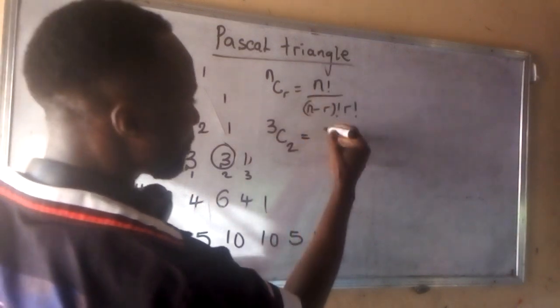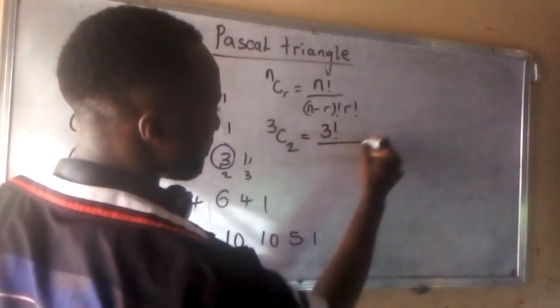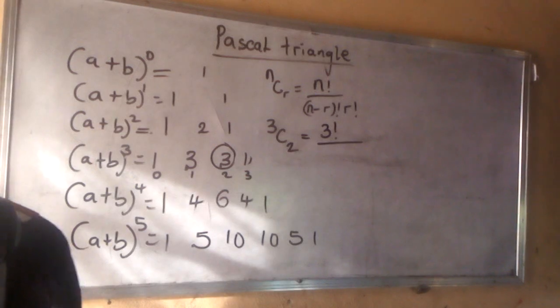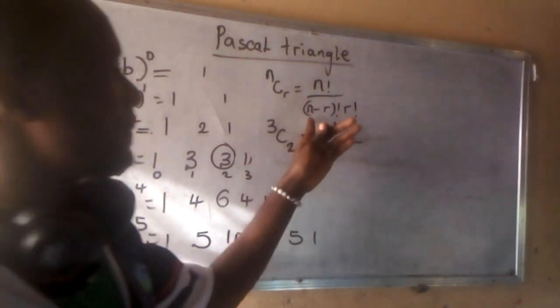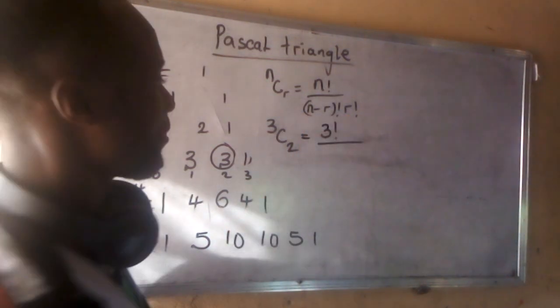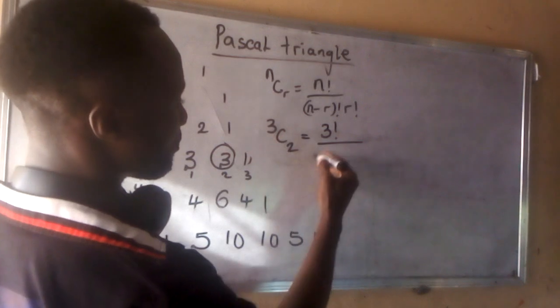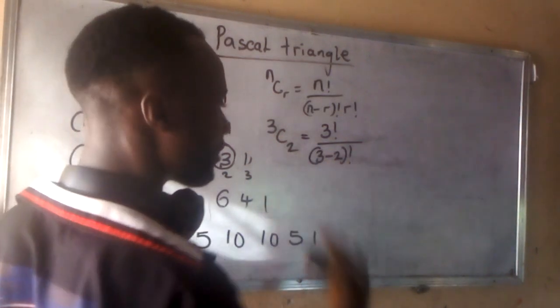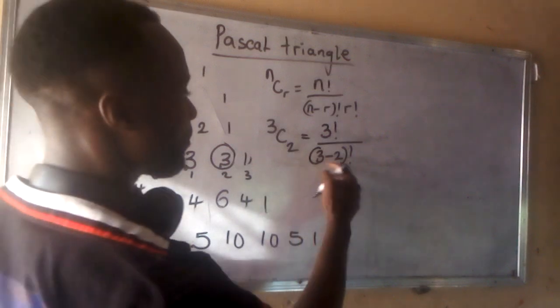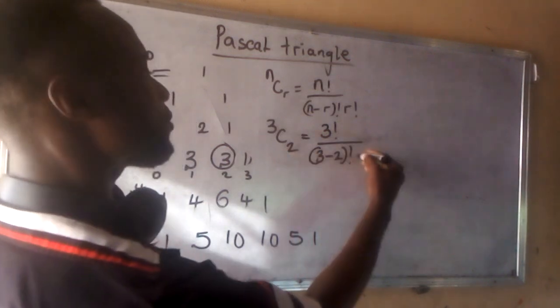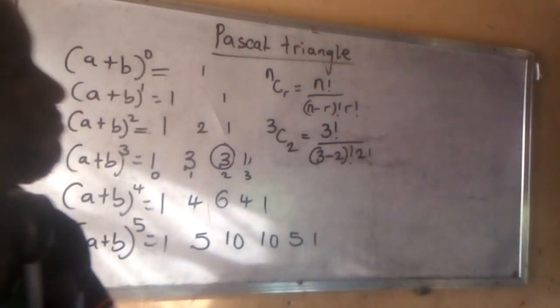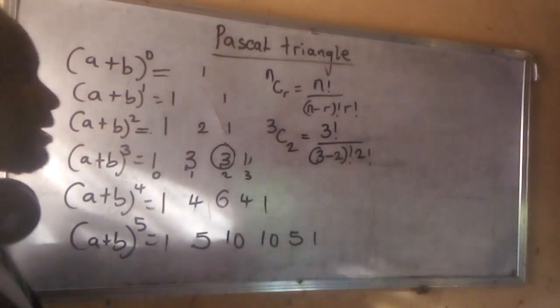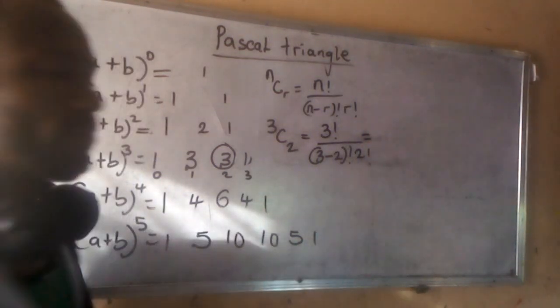So now my nCr becomes 3 factorial divided by (n minus r) factorial. n minus r is 3 minus 2 factorial, and r is still 2 factorial. Remember what I said earlier, that 3 factorial means that number multiplied down to 1.